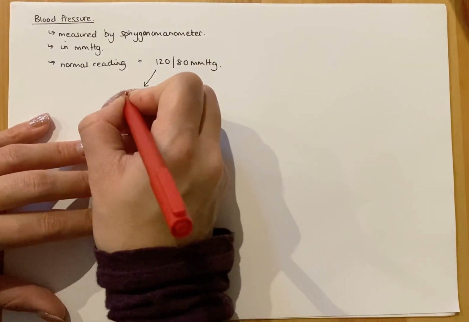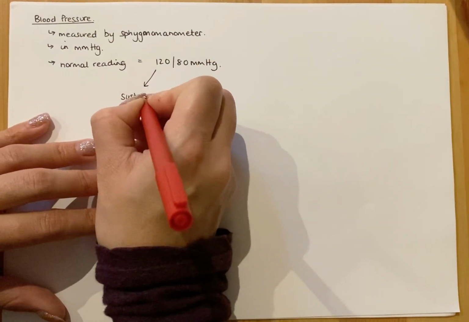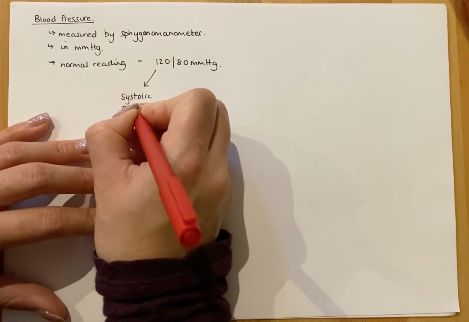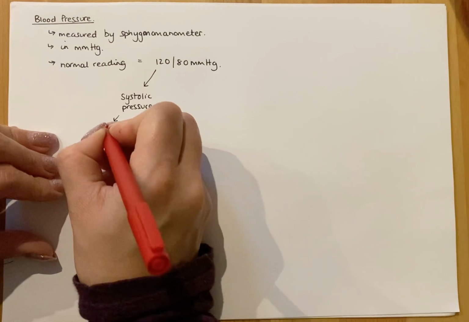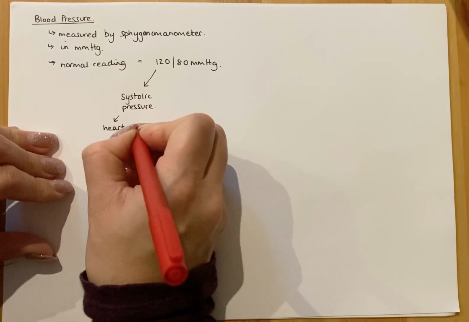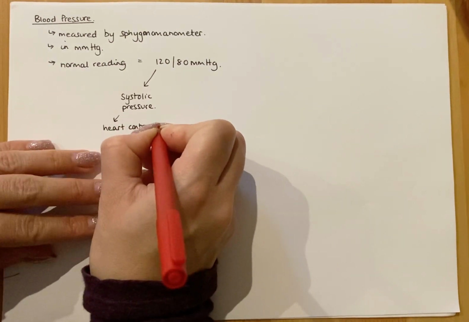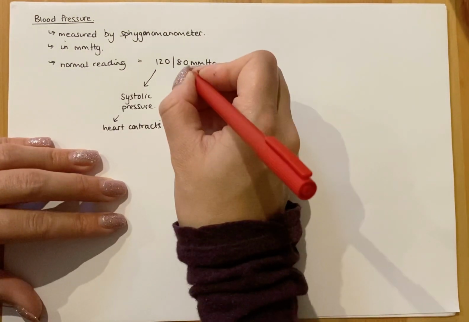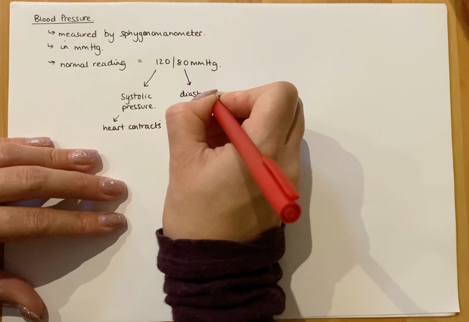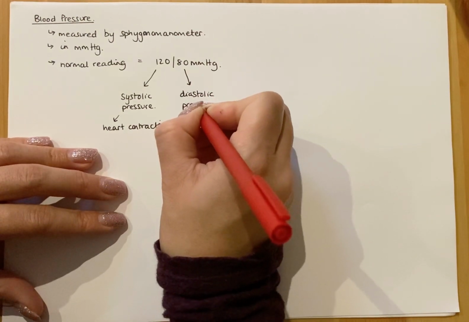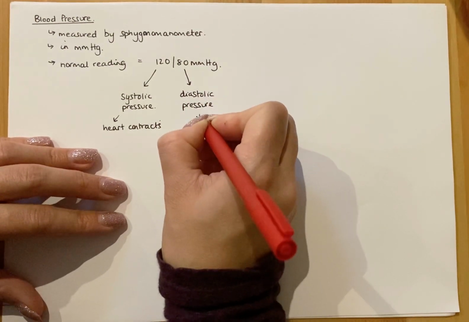The 120 is what's known as the systolic pressure, which is when the heart's contracting. And this lower number is the diastolic pressure, and that's when the heart's relaxing.